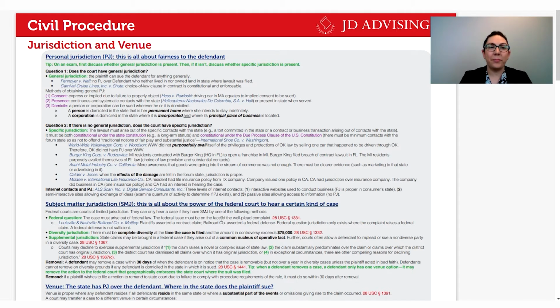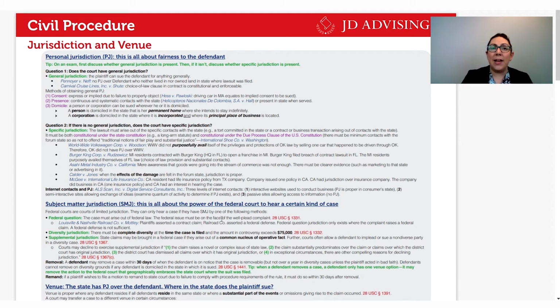The third method of acquiring general personal jurisdiction is domicile. You can be sued in the state in which you are domiciled for anything, even if the lawsuit arises from outside the state. So if I was to go to Florida, for instance, on vacation and get into a car accident while I was in Florida, the other person in the car accident might want to sue me.